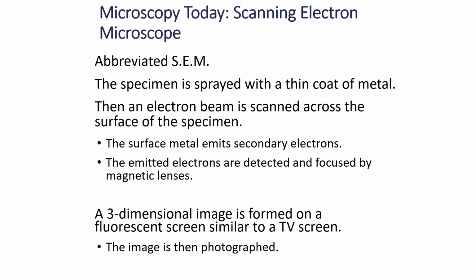So a scanning electron microscope also has this high resolution power, it has the high magnification power, but typically we're looking at the structure of a cell, so the surface. And its images are in 3 dimensions.